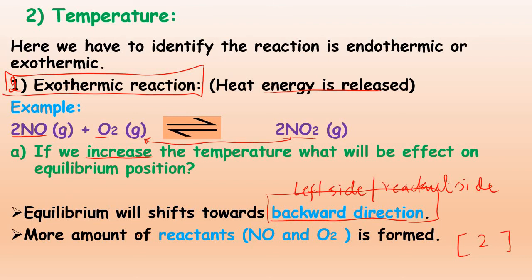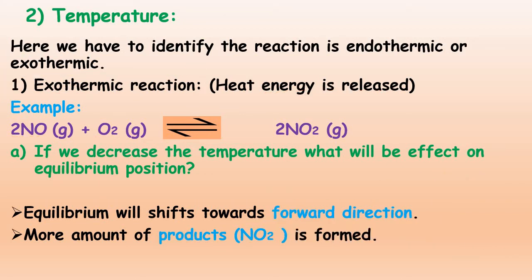So now look here, more amount of reactants will be produced. On the reactant side, nitrogen monoxide and oxygen are there. So this is the temperature and the exothermic reaction, and here we are increasing the temperature.